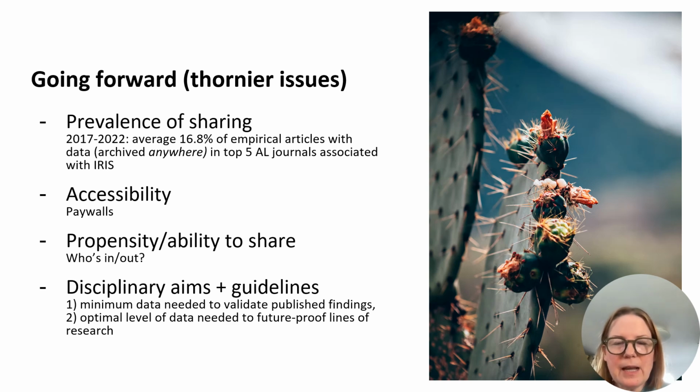And finally, I think there's a question of whether a narrow focus on archiving data that's needed to reproduce the statistics in a paper can preclude optimal levels of data sharing needed to future-proof our lines of research. So the work done by IRIS needs to be complemented by more work on developing a consensus in the community. Thanks, and over to you now, Junlin Pan.